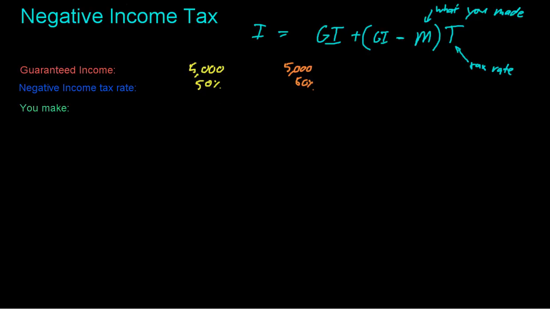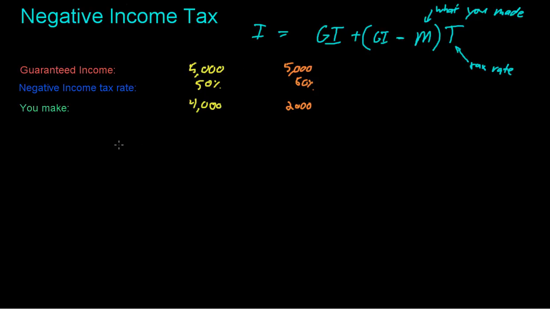Now let's say that the person in yellow makes $4,000, and the person in orange makes $2,000. We're going to plug this into the formula.